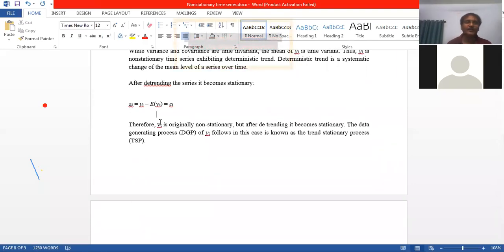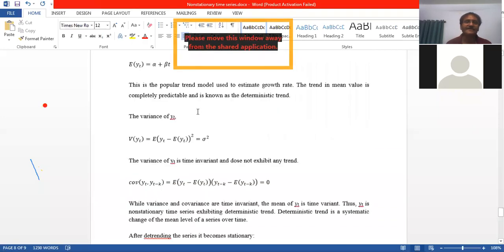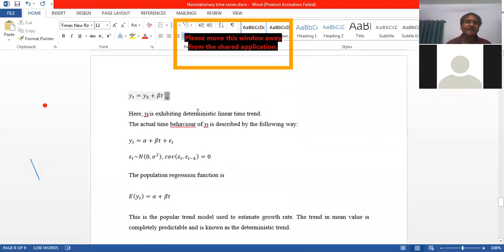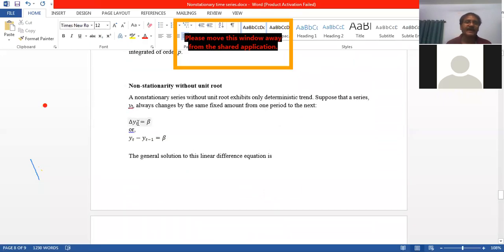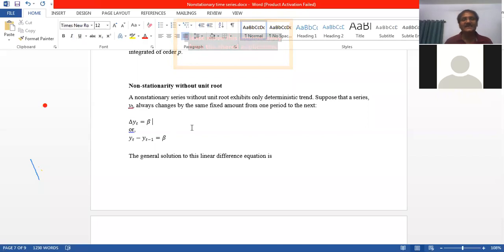So what is the inner meaning of this process? The inner meaning is, if a series follows deterministic trend, or if a series exhibits trend at a constant rate in the mean value, the series will be non-stationary originally, but we can generate a stationary series just by detrending it, that is, by eliminating the trend component from the original series.